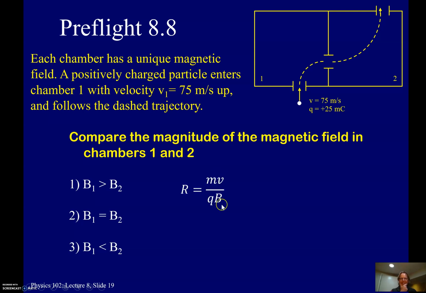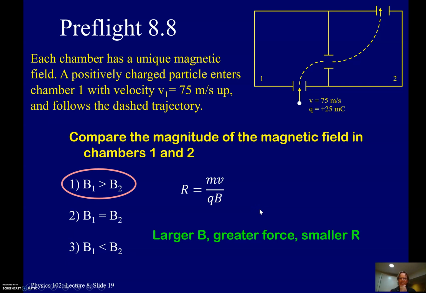So the bigger magnetic field has to be the one that bends the most. The smaller r means it's a sharper turn. That must mean the magnetic field has to be greater in 1 than in 2, because it's a sharper turn. That means a greater force. You could make a sharper curve, is what you could do.